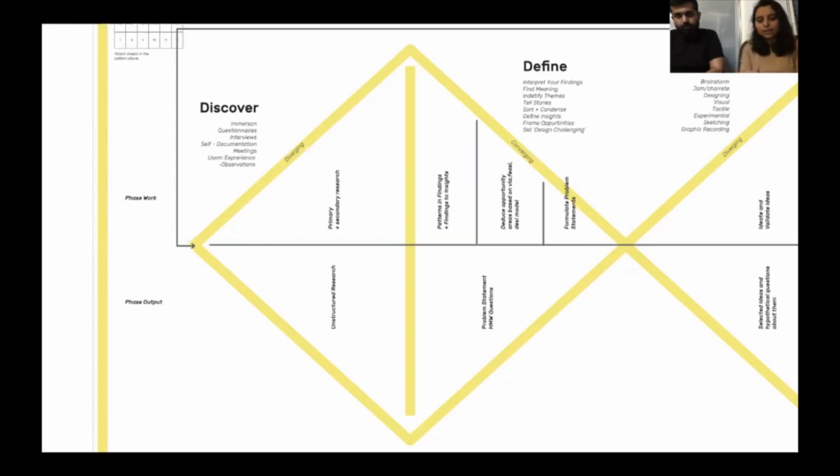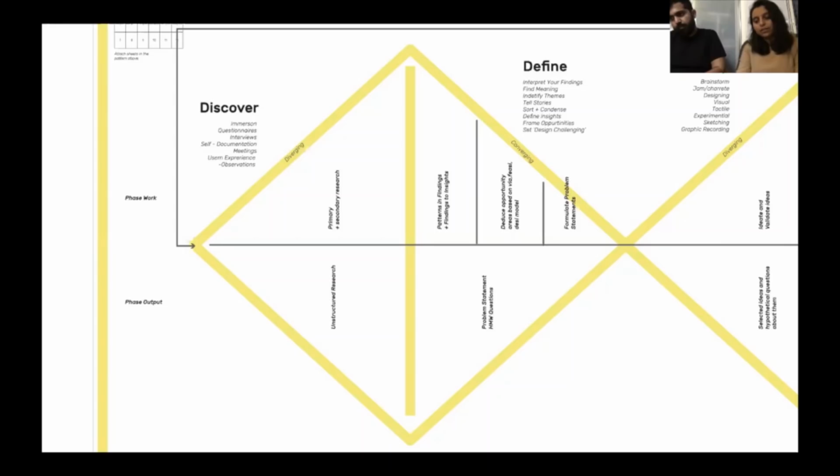You find the patterns and findings, turn what you've observed and learned into insights, as in derive information out of a lot of information, and then deduce opportunity areas based on the viability, feasibility, and desirability model.